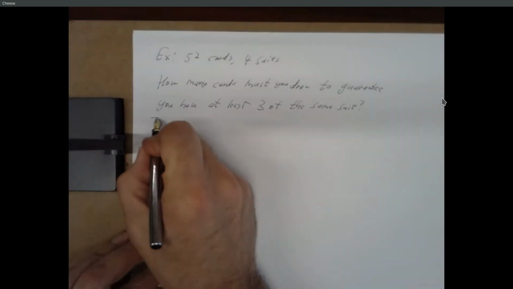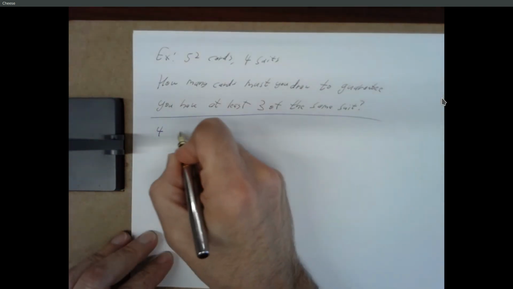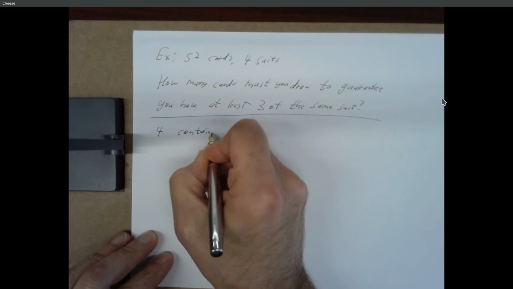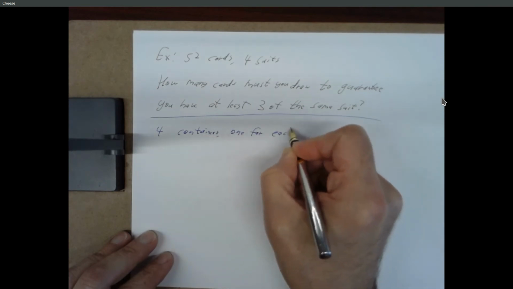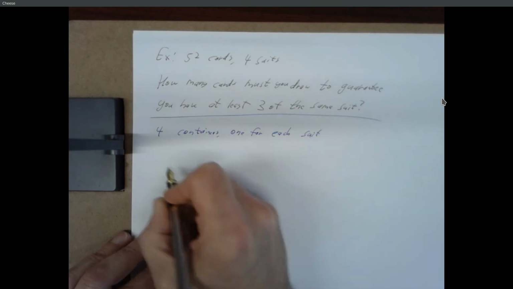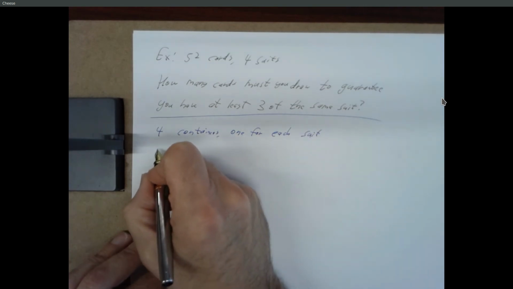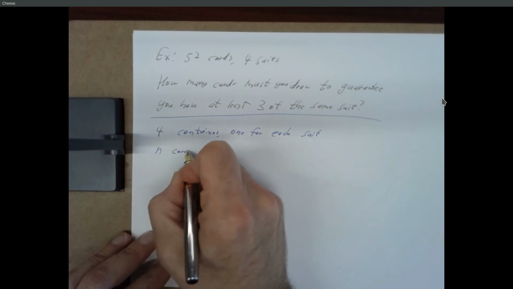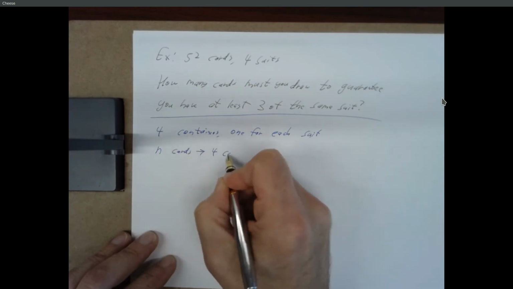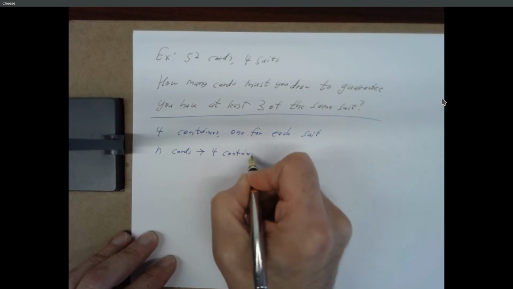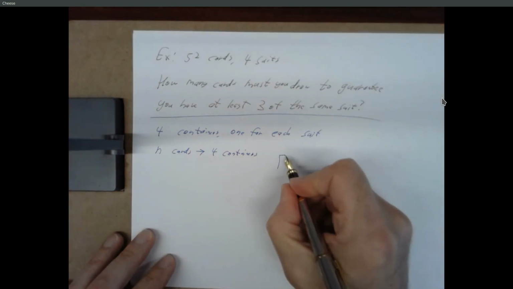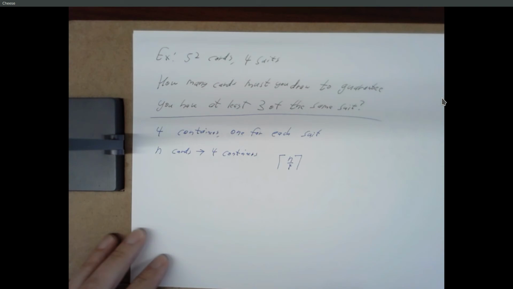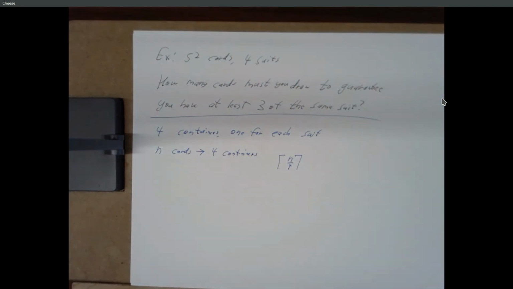So let's make some containers. Let's make 4 containers, 1 for each suit. And let's take n cards and put that into 4 containers. And the pigeonhole principle tells us that we're guaranteed at least one container has ceiling n over 4 objects in it.